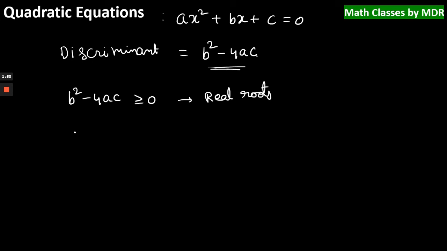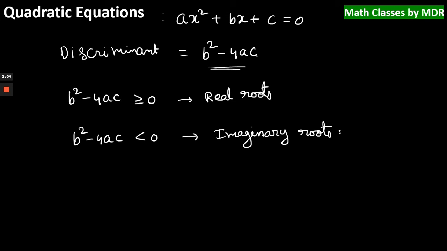And if it is less than 0, it will have imaginary roots, or complex numbers as roots. In this section, the problems we are going to deal with will always have imaginary roots. That means in all the cases, you'll find that the discriminant is less than 0. Still, we'll check, and only then we'll try to solve for the roots.